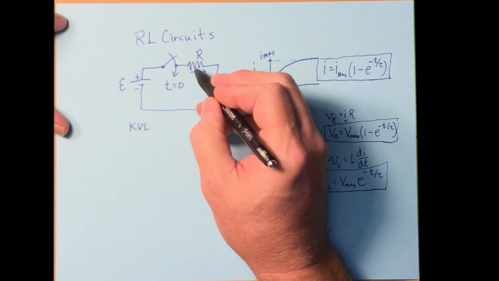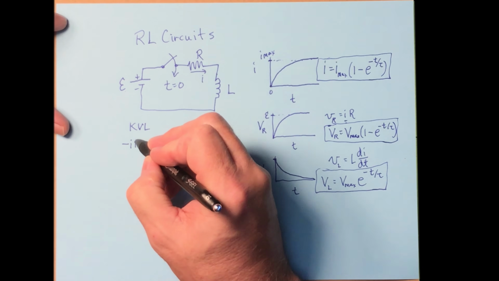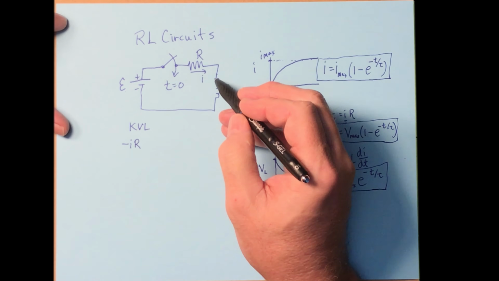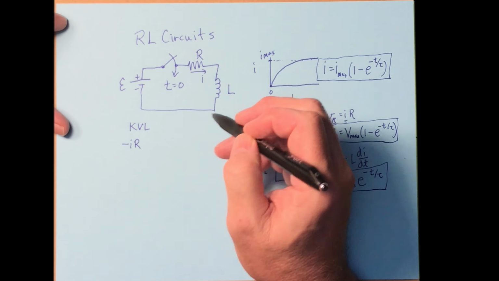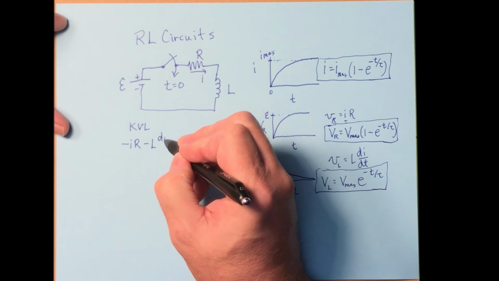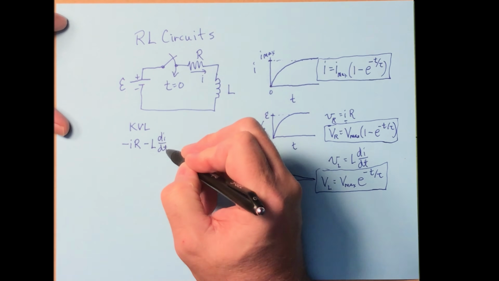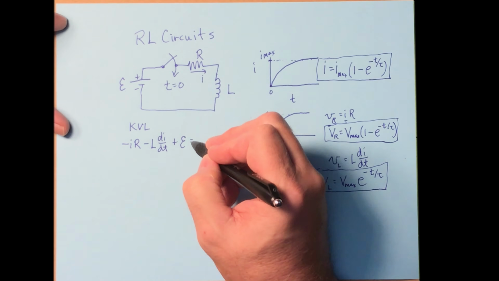There's a drop across the resistor, so minus IR. The next thing I encounter is an inductor. There's a drop across the inductor, that's minus L di dt, plus E equals 0.